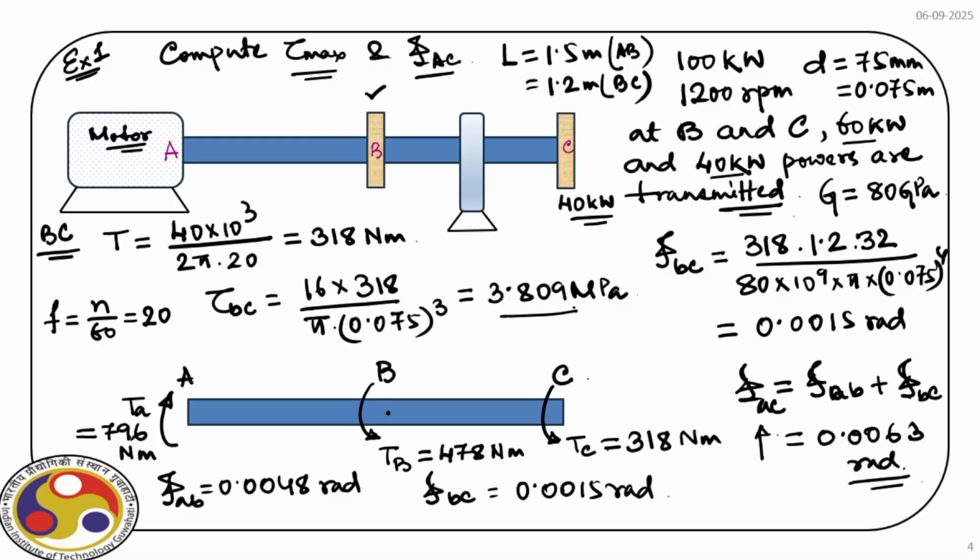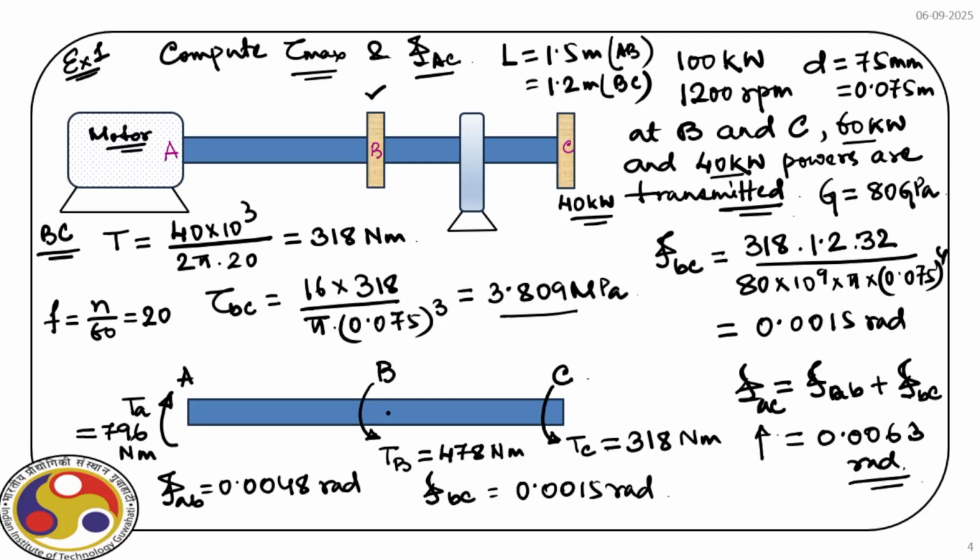In one case, for the section BC, we have 3.8 MPa, and for the section AB, we have 9.6. That completes the solution. So you have seen how we can use this relation between torque and stress and power, and can solve the power transmitted through a circular shaft that very often we encounter in mechanical systems, right?